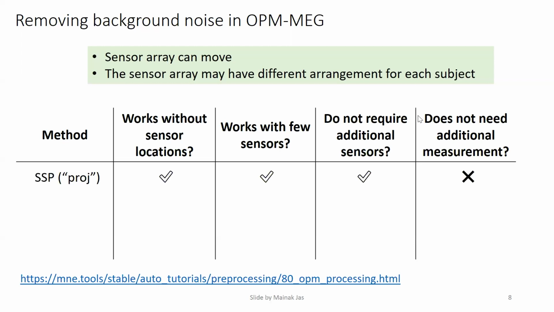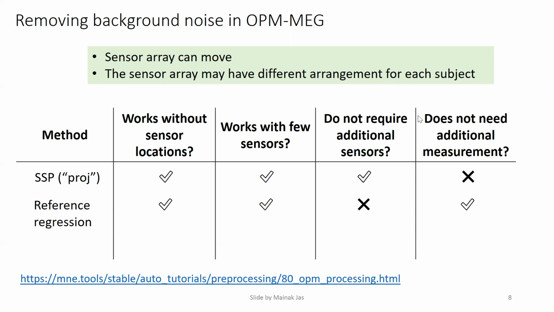If you look at the SSP method, the signal space projection method, which has been used in the past, you don't need to have the sensor locations, and it can work with relatively few sensors. But one issue is that you do need to make some additional measurement, for example an empty room measurement, some sort of measurement which will give you a model of the noise.